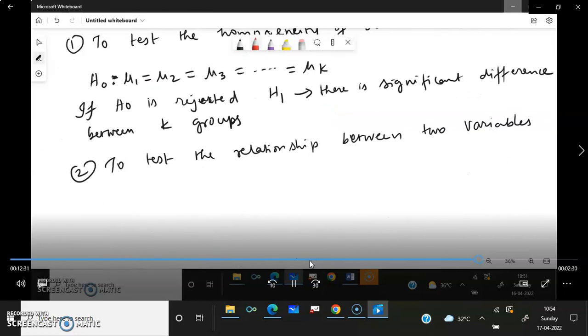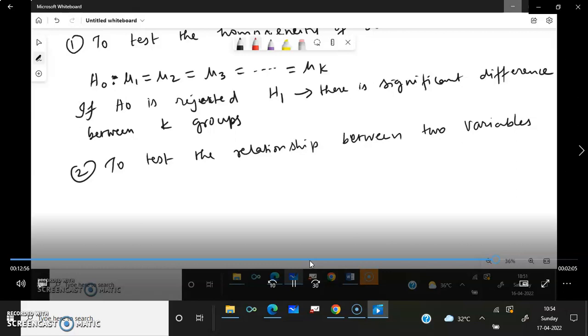If Yij does not relate with Xij, then we accept H naught, the null hypothesis for testing the absence of relationship. We say there is no relationship. So testing the relationship between two variables is the second use of ANOVA.